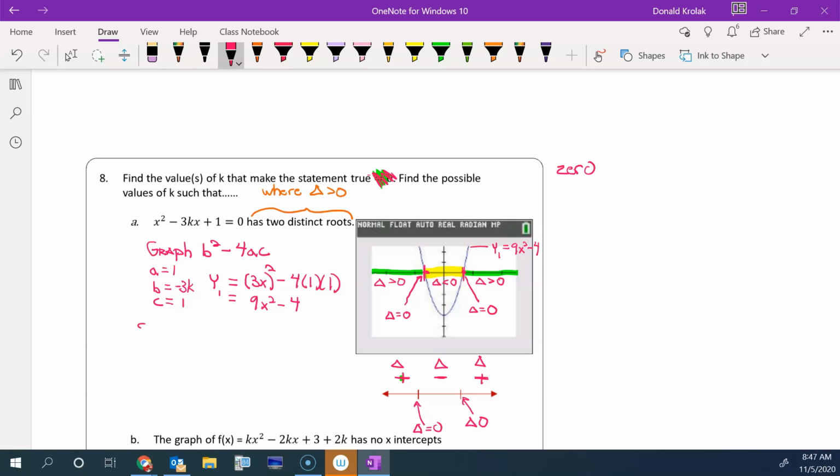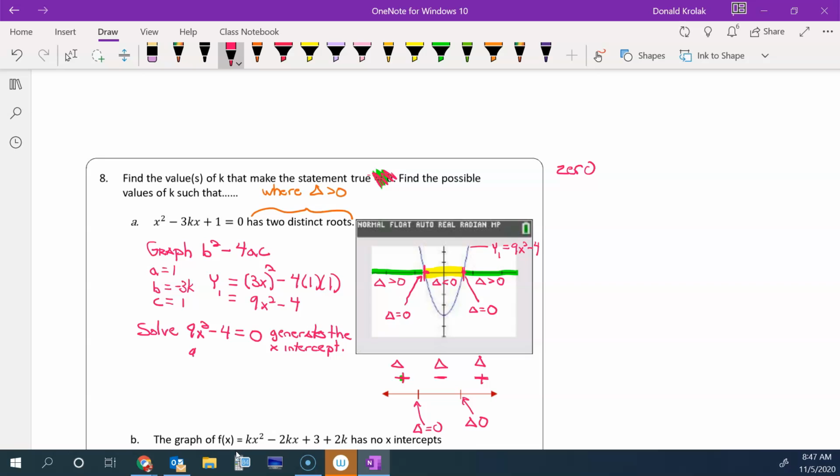If we solve this for 0, that's going to give us our x-intercepts. Since my computer is super slow right now, I'm not going to do it on the calculator. I'm just going to solve it.